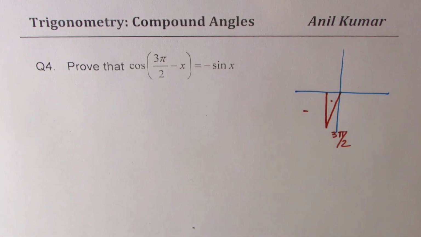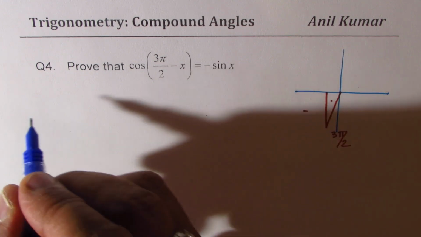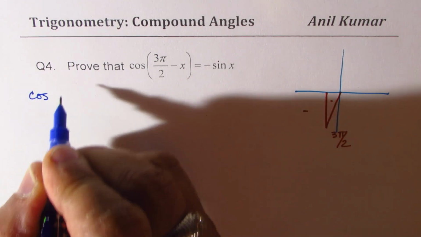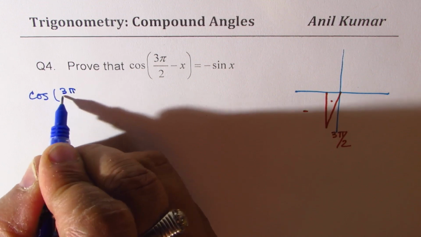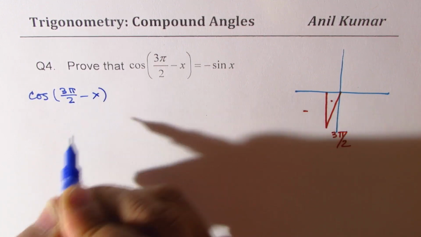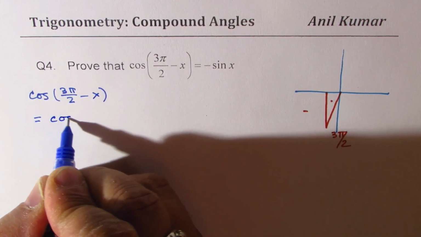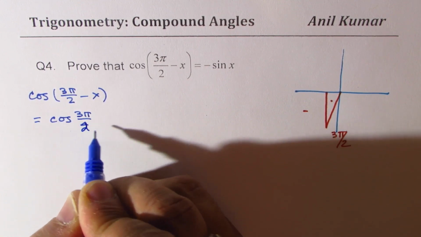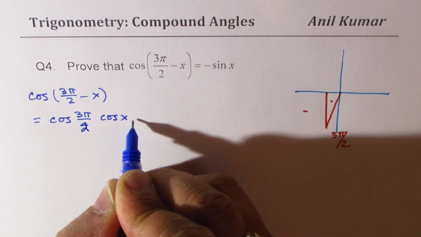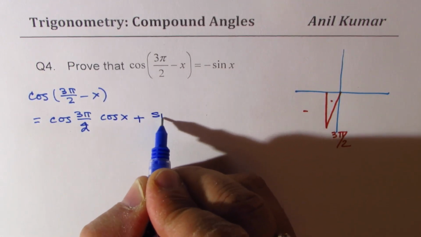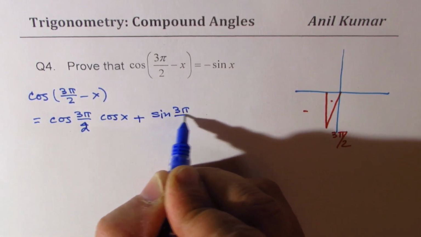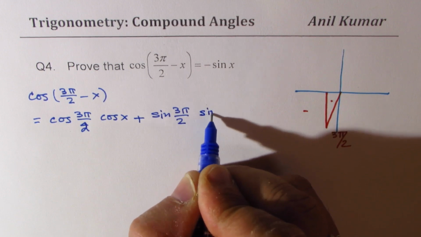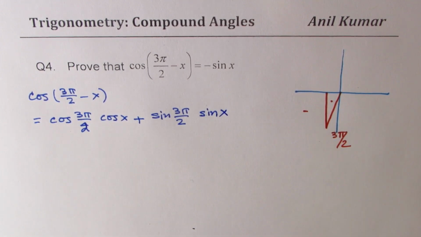We can prove it using compound angle formula. So we could write this as cos of 3 pi by 2 minus x equals cos of 3 pi by 2 cos x plus sine of 3 pi by 2 sine x. Correct?